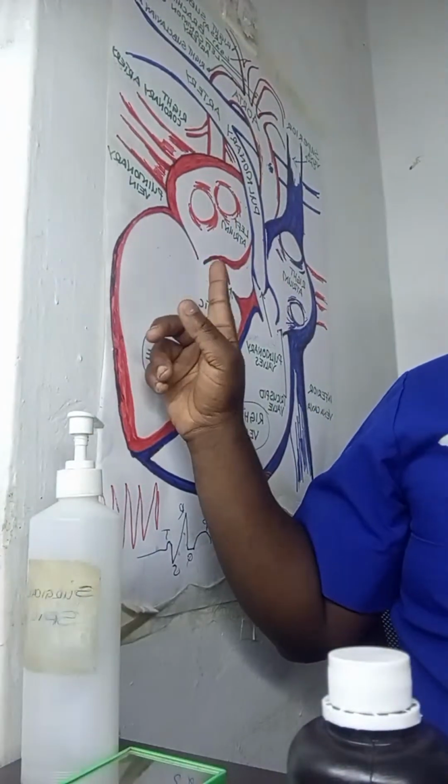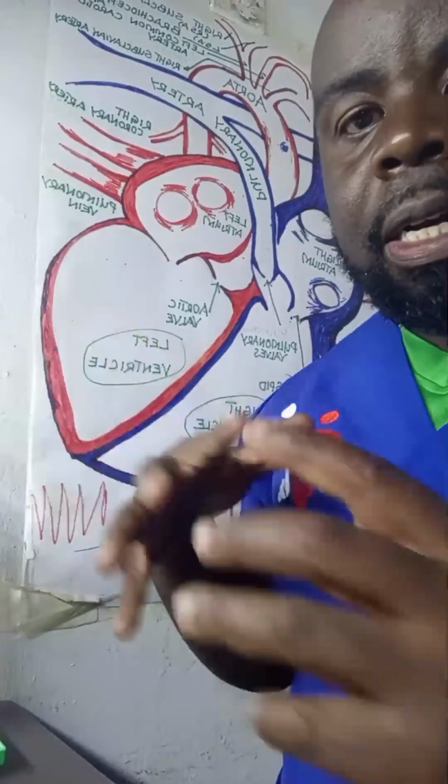And what is a hypertrophic cardiomyopathy? When we talked about dilated, we saw that the ventricles of this heart are bigger, they are dilated. So today we want to check on another thing.